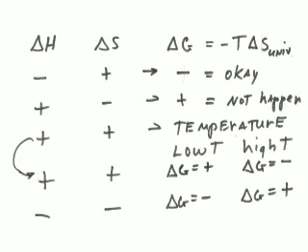We can form a nice simple table for Gibbs free energy based on the signs of delta H and delta S. If delta H is minus, that is, an exothermic process, and the entropy change increases, then delta G is always going to have a negative value. And that's okay with the universe.